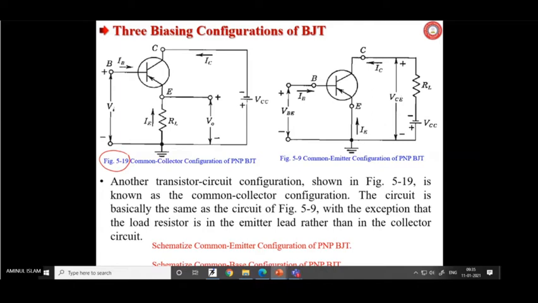See, when you perform the AC analysis of a circuit, what is done is the DC source is grounded. Simply, if I keep this circuit and apply the same thing, then I have to ground this point.